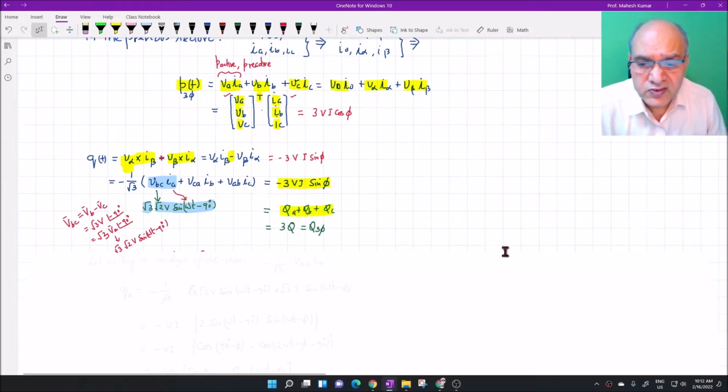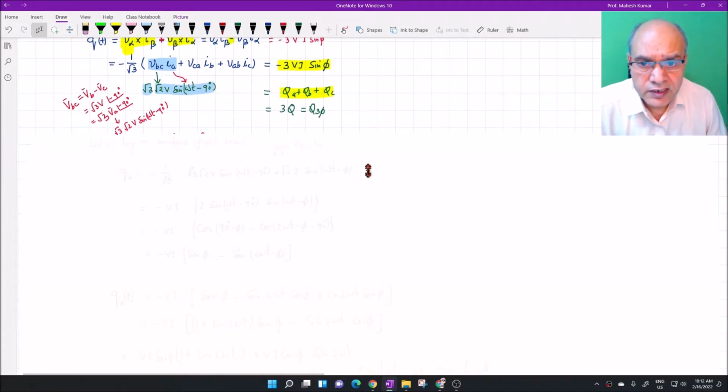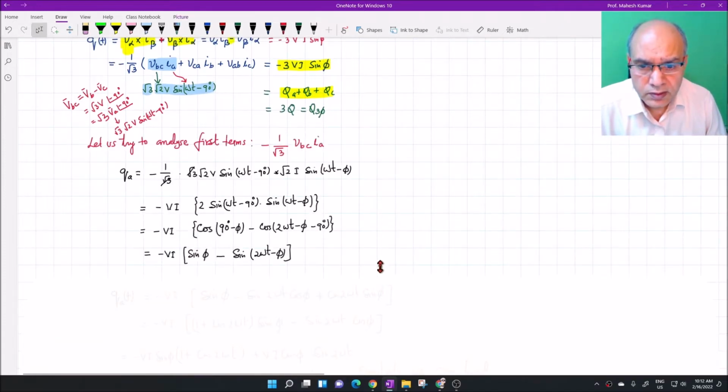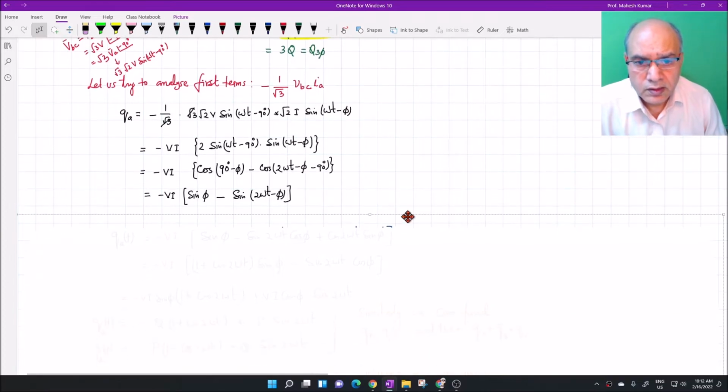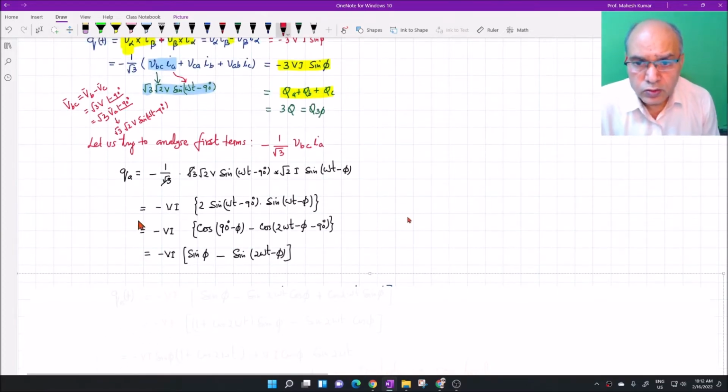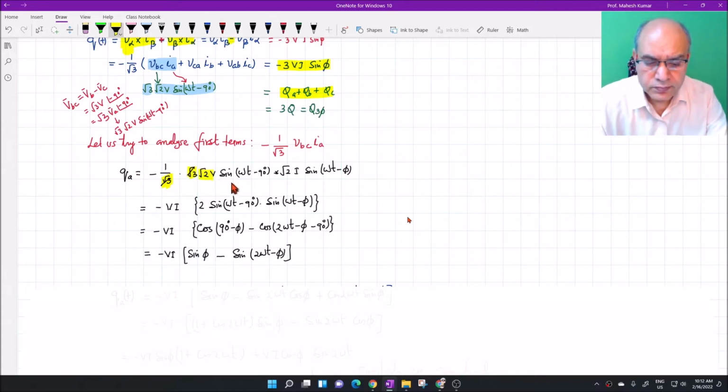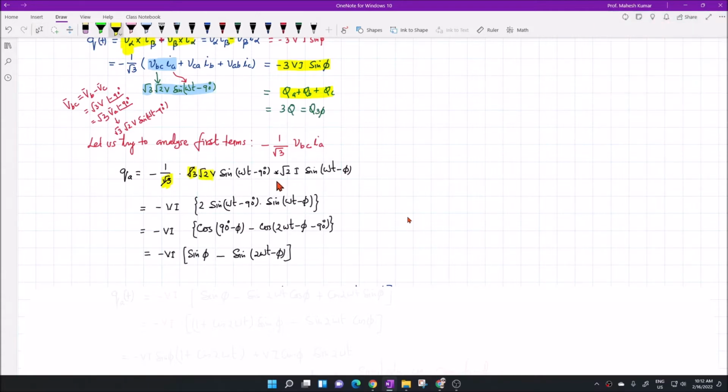Now if you simplify this further, what do we see? The root 3 will go away, as you can see from here. This term is cancelled, and then the next term for Vbc is root 2 V sine omega t minus 90 degrees into root 2 I sine omega t minus phi.